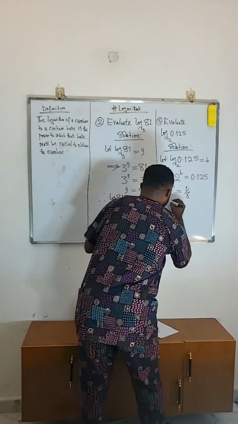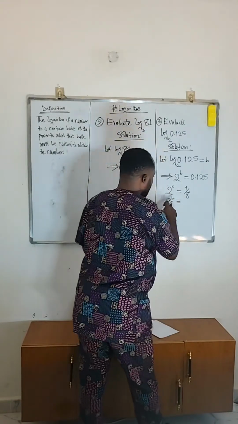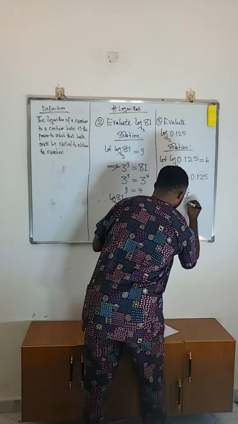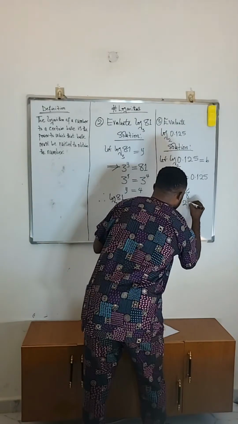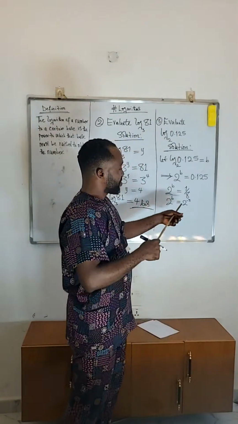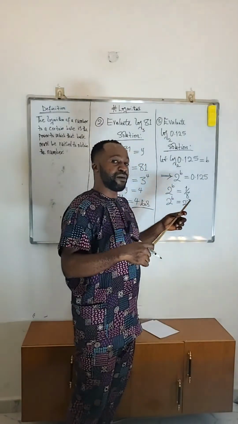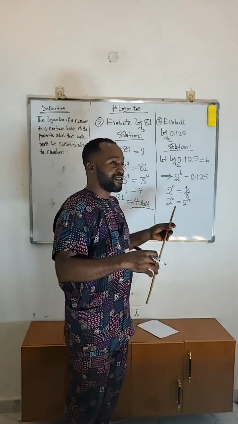So 2 raised to the power of B equals 2 raised to the power of -3, because 8 alone is 2 raised to the power of 3, and it was 1/8.